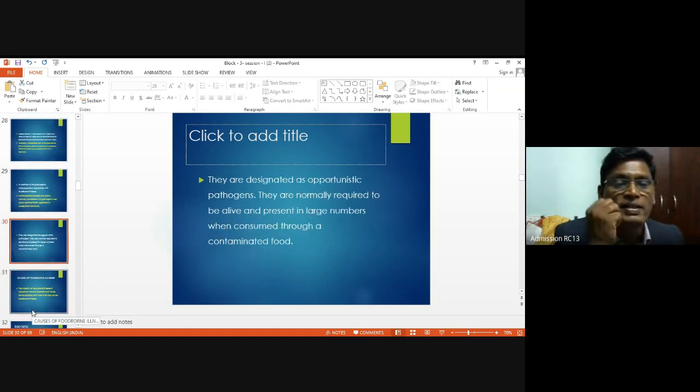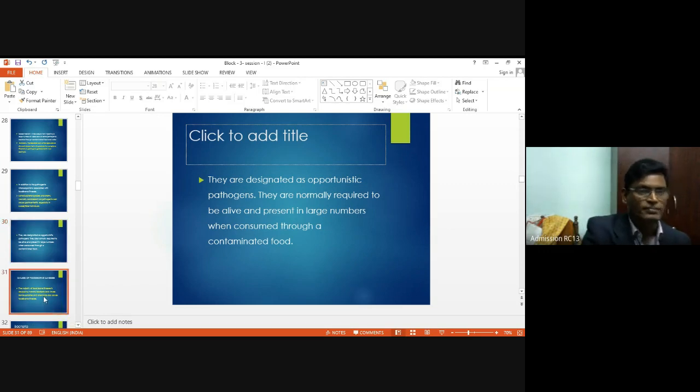They are designated as opportunistic pathogens. They are normally required to be alive and present in large numbers when consumed through the contaminated food.